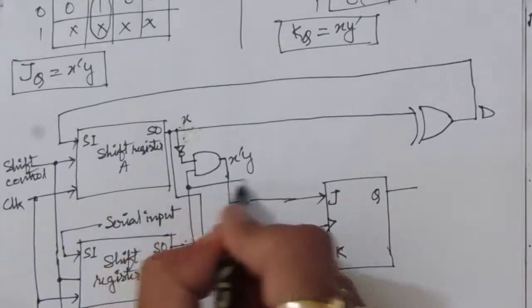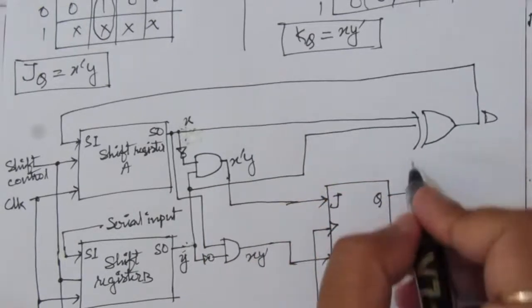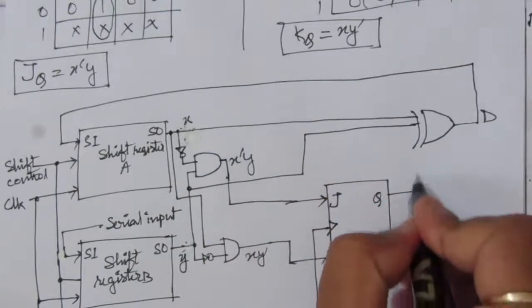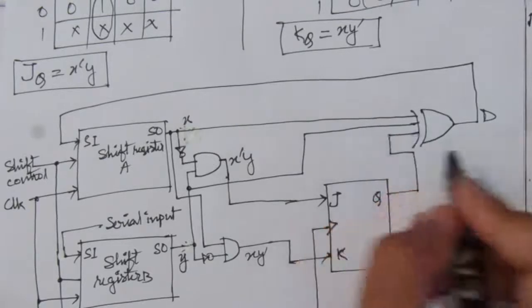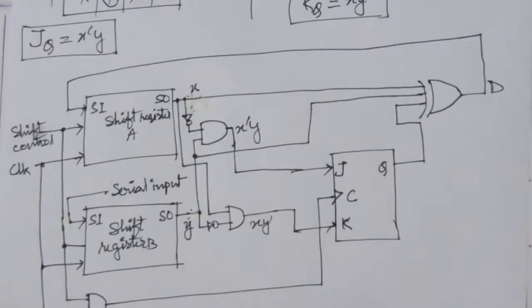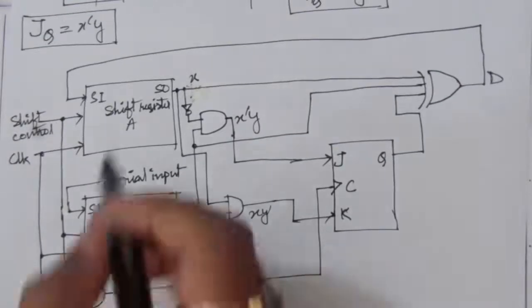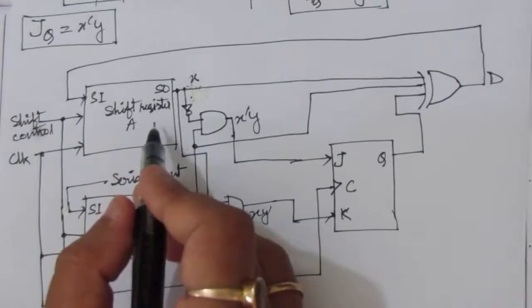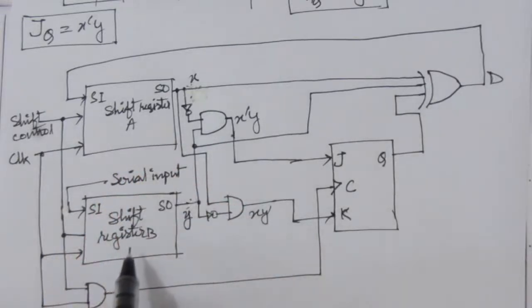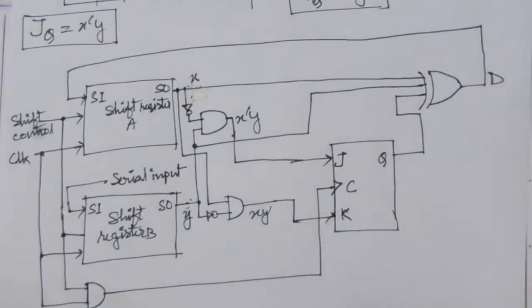Take a line from Y and apply it here. And the third input is Q. So take a line from Q and apply it here. So here we'll have the difference. So this is the modified design of the circuit for the subtraction of A minus B. A value will be stored in this shift register A, and B value will be stored in this shift register B, and here we will get this difference. So this is the solution of the part B.